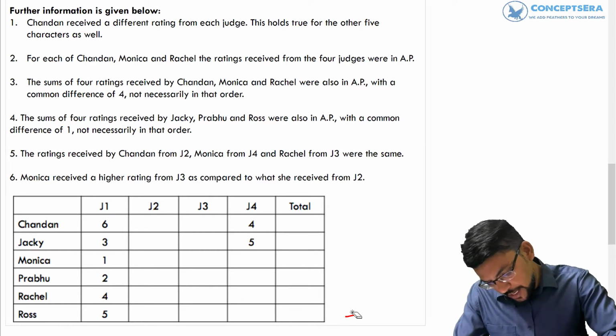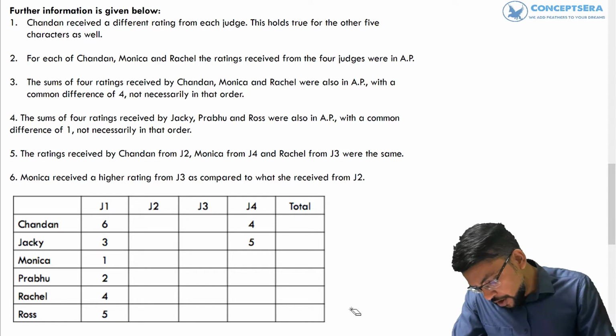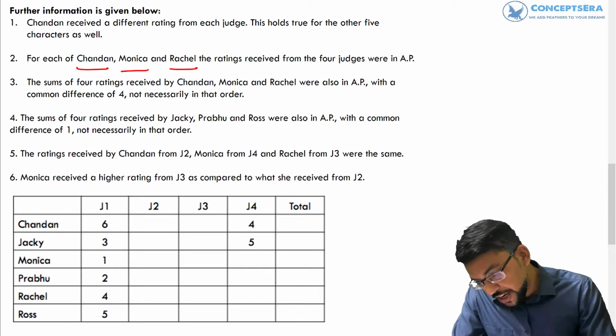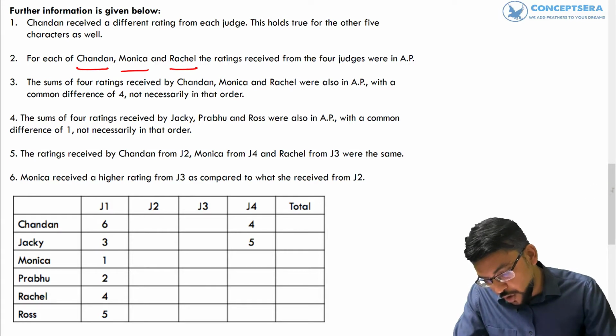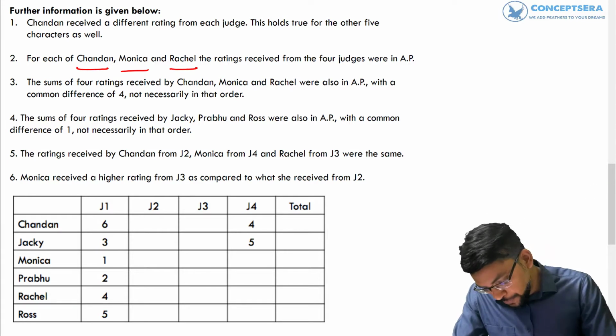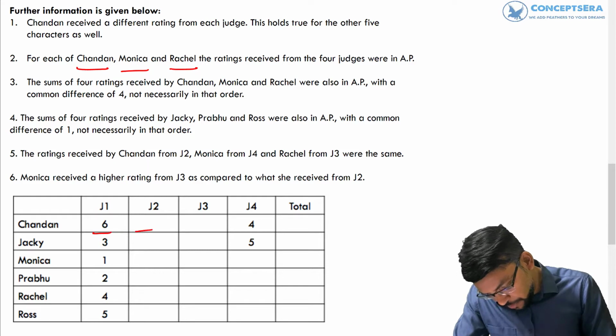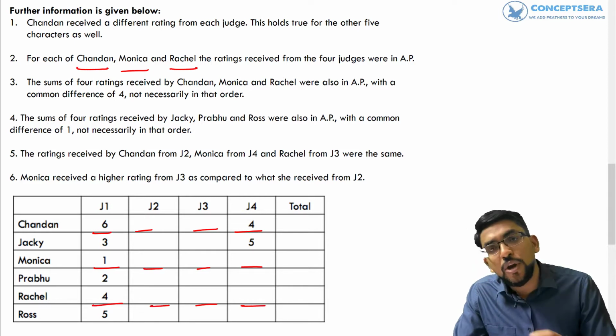Now see information 2. For each of Chandan, Monica and Rachel, the ratings received from the 4 judges were in AP. That means these numbers here and these numbers for Monica and these numbers for Rachel will be in AP.